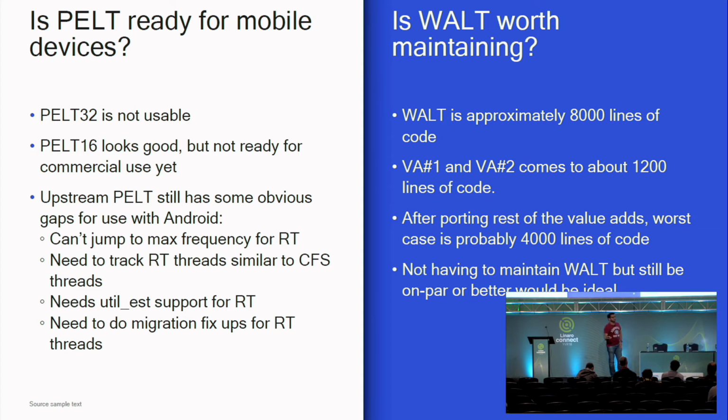So if you disable jump to max for RT, then I think the other thing you would need is PELT tracking of RT threads at a thread level instead of run queue level, similar to how we're doing it for CFS threads. And then you can enable util clamping for RT threads too, and do migration fix-ups, because migration fix-ups is also something that's clearly lacking.